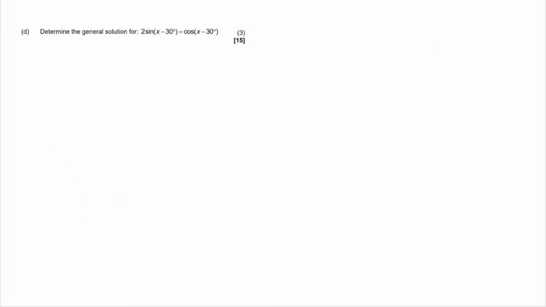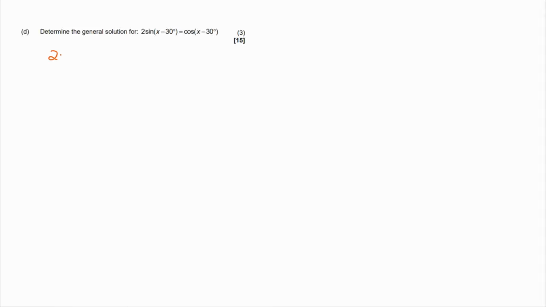Okay, cool. Now for D, they say determine the general solution of the following. Here we have sine on this side and cos on this side, and the same angles in here. So we can just divide both sides by cos to then get tan.